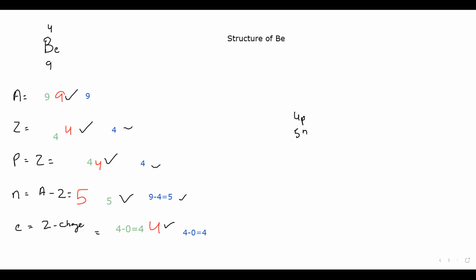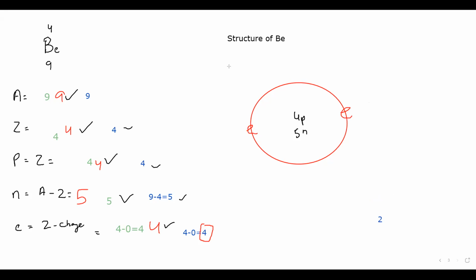Then I draw the first shell. This is a shell. Now how many electrons do I have to arrange? I have to arrange 4 electrons. In the first shell, how many electrons can I adjust at maximum? I can adjust a maximum of 2. So out of 4, I adjust 2 in the first shell.